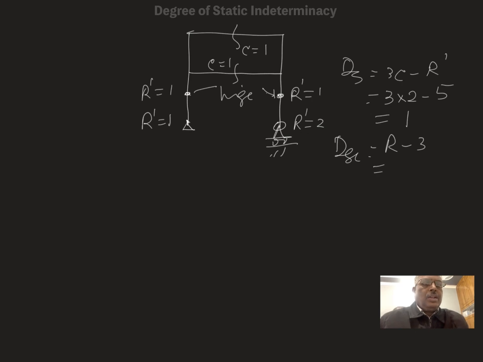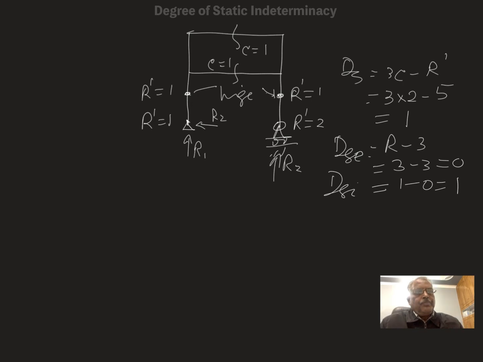So there are 3 reactions, R1, R2 and R3. So 3 minus 3, DSE is 0. DSI is equal to 1 minus 0 is 1. This is what I will find out now.